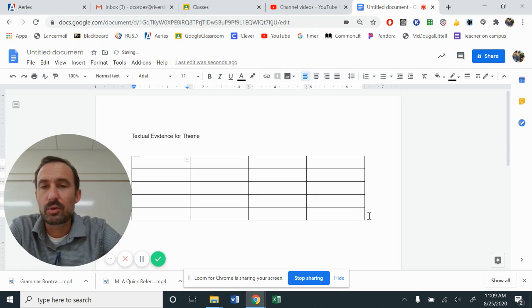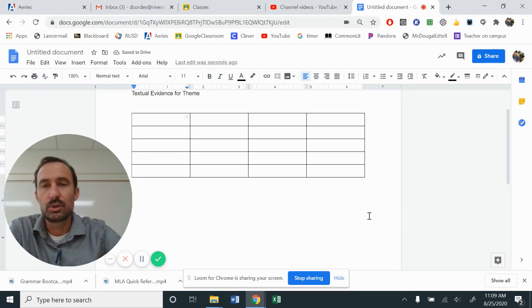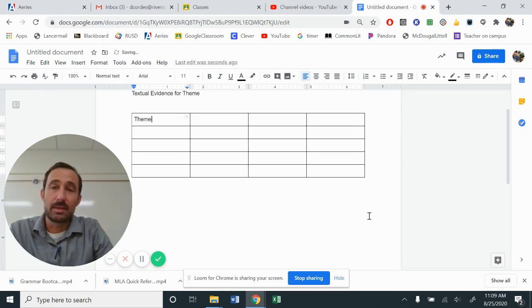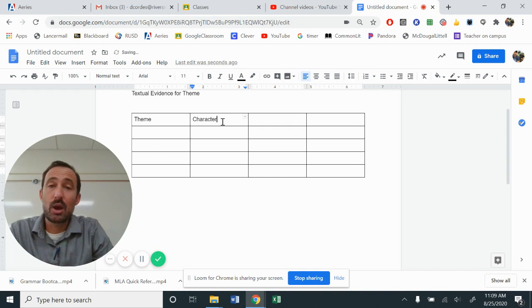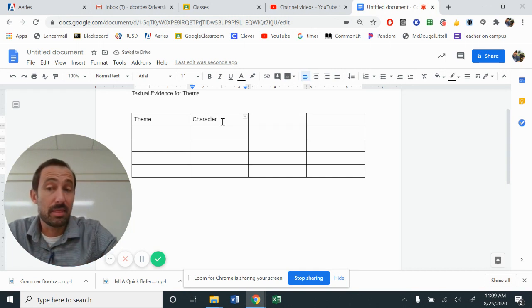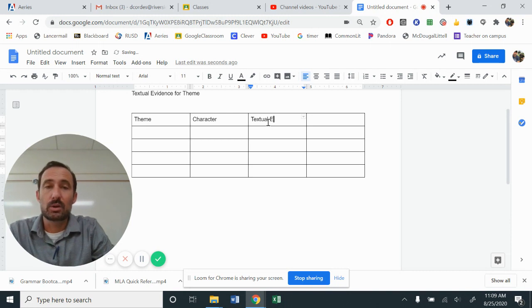I've created this chart, and what we're going to do is identify the theme word that we came up with. I want to identify some sort of character that's connected to that theme or experiencing that theme. Then we're going to get 2 pieces of textual evidence.